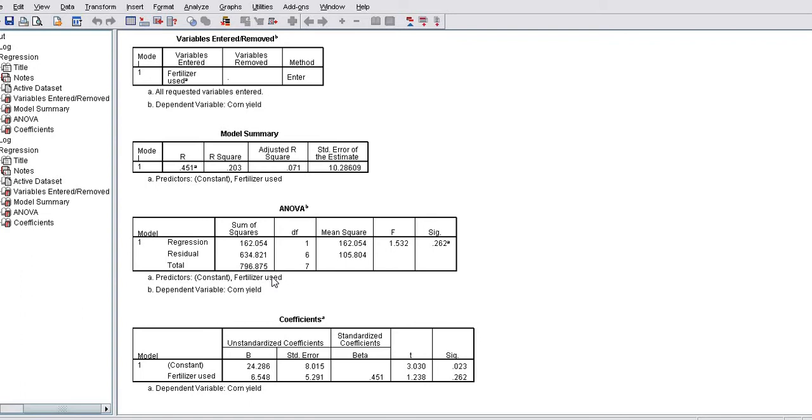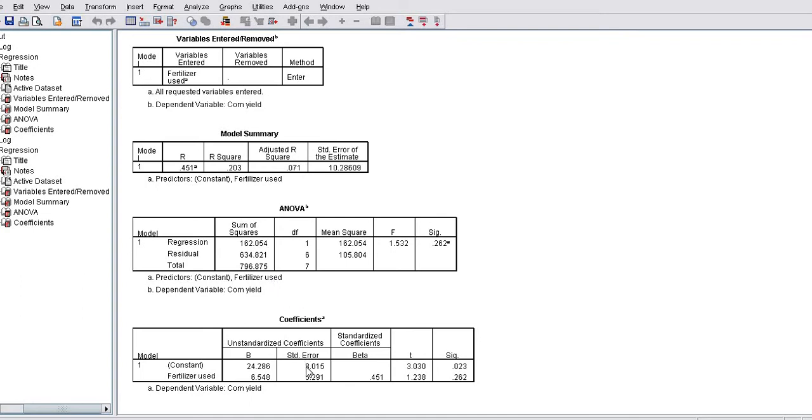And the regression coefficient of fertilizer used is 6.548. It is the rate of change in corn yield due to unit change in fertilizer. If we increase fertilizer by 1 bag, then the increase in corn yield will be 6.548.